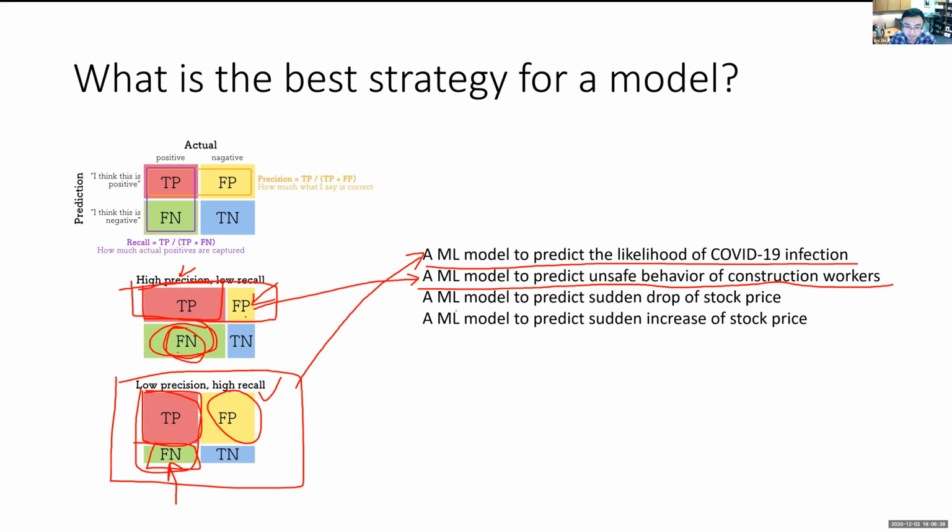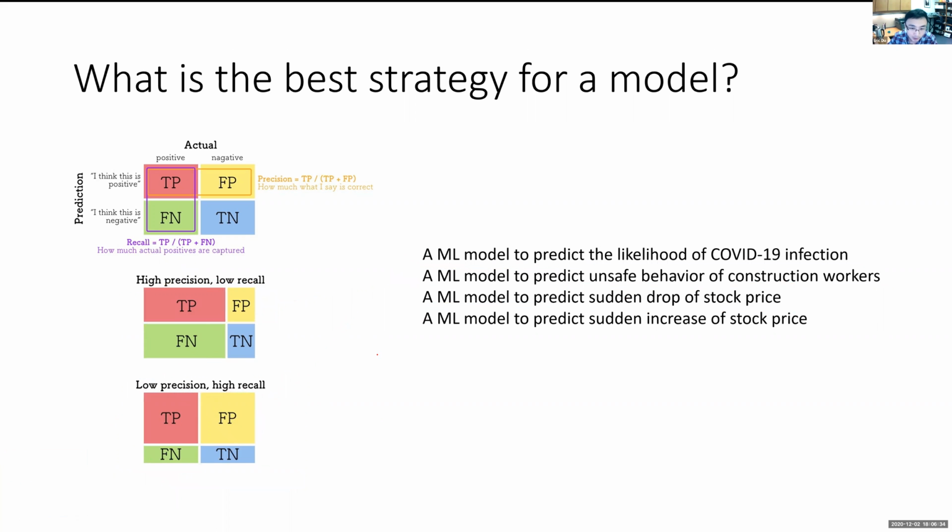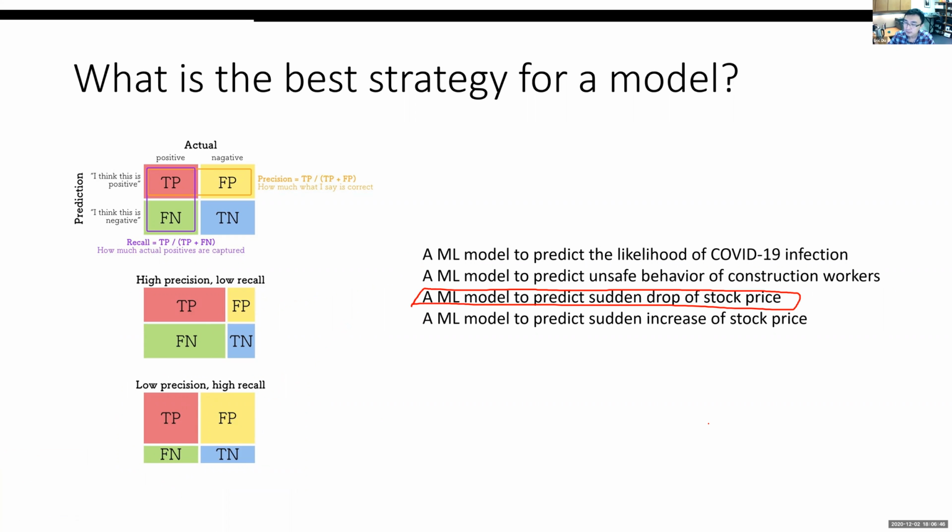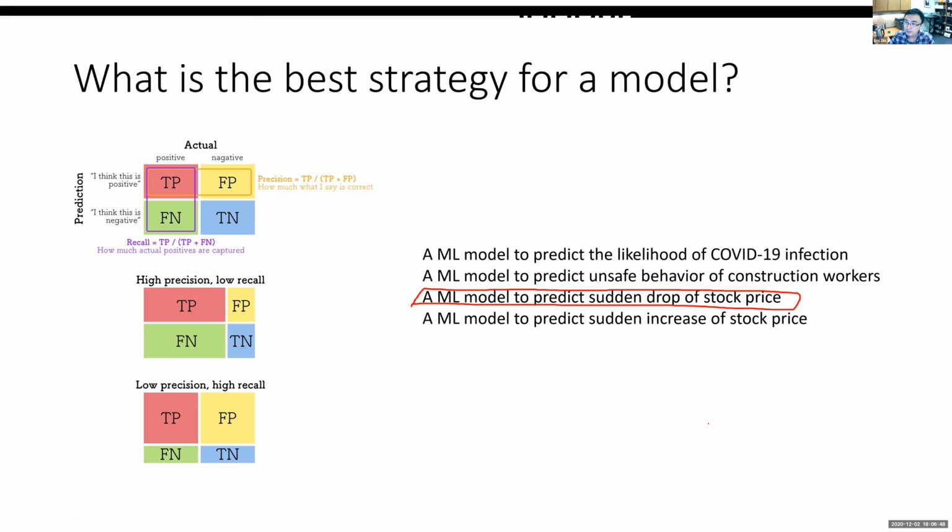Now let's say a machine learning model to predict sudden drop of stock price. Okay, let me just erase this one. Which is the desired situation if we run a machine learning model to predict sudden drop of stock price? I guess low precision. Low precision, high recall rate. Why?